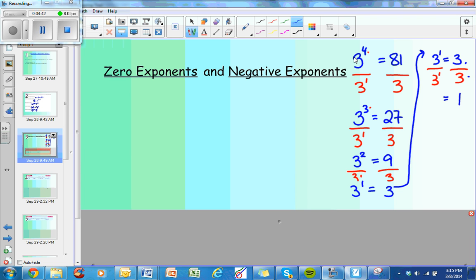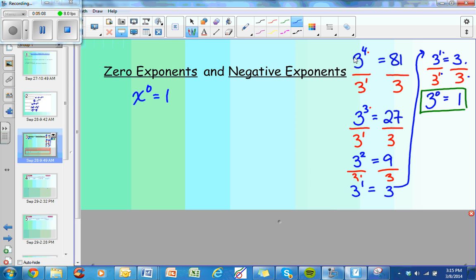And if I just look at my exponent rules and I subtract my exponents 1 and 1, I have 3 to the power of 0. So that's this first rule right here. Our 0 exponents is right here, that any number to the power of 0 is equal to 1.